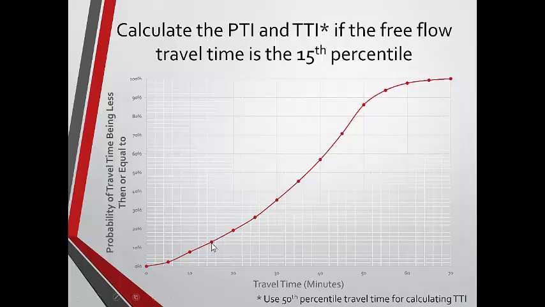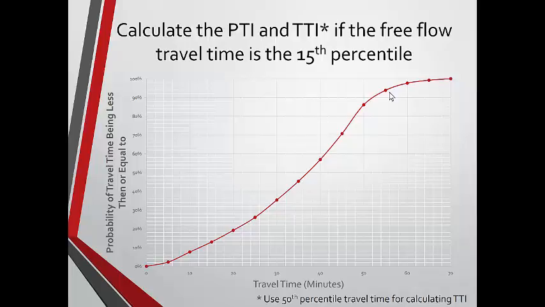Our 50th percentile is over here at about 37. Our 95th percentile, way up here, is going to be at 56. So now my PTI is simply going to be my 95th percentile divided by my 15th percentile, or 37.